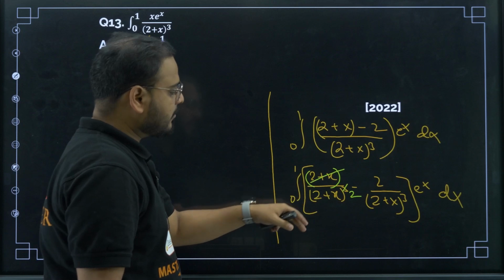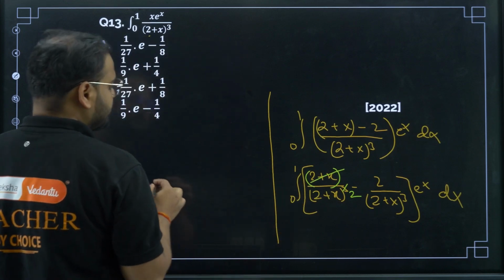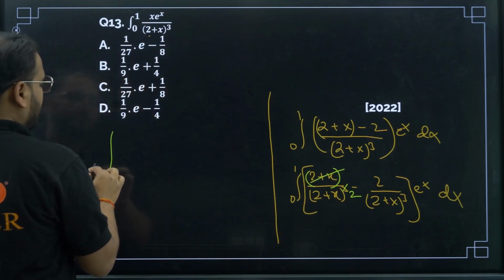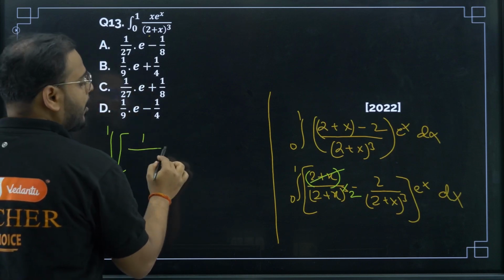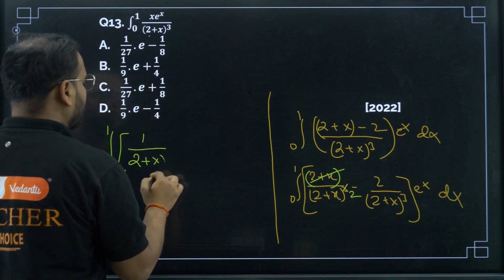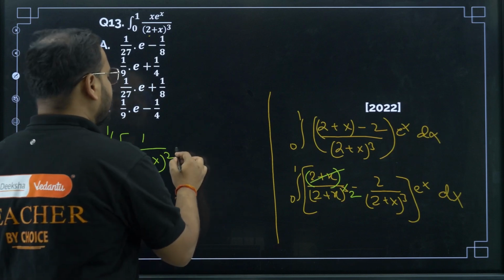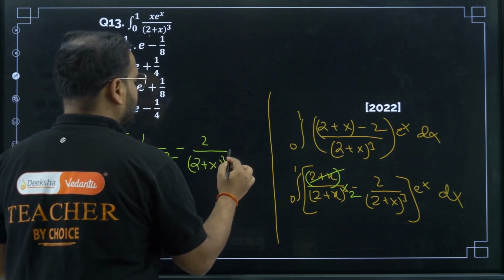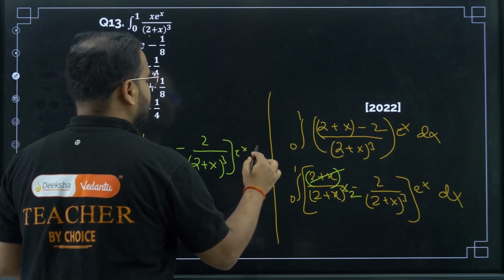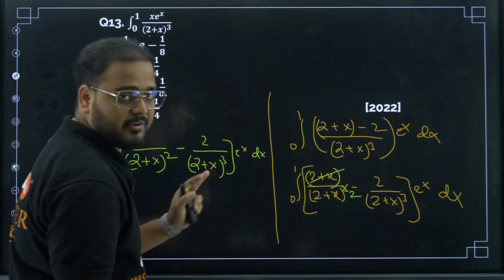So I can write it over here now. My integration continues from 0 to 1, 1 upon (2 plus x) the whole squared, minus 2 upon (2 plus x) the whole cube, e power x dx. Same thing I've written over here.